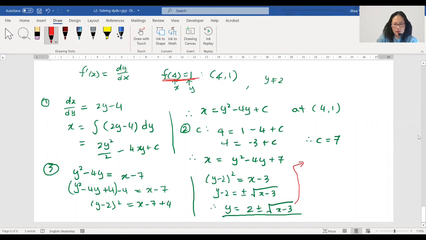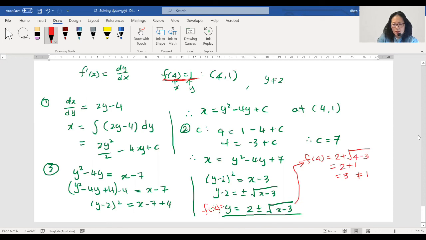So that's y, like f of x, really. So if I put 4 into 2 plus square root of 4 minus 3, will I get 1? It'll be 2 plus 1 is 3. It's not 1. So this plus may not work.